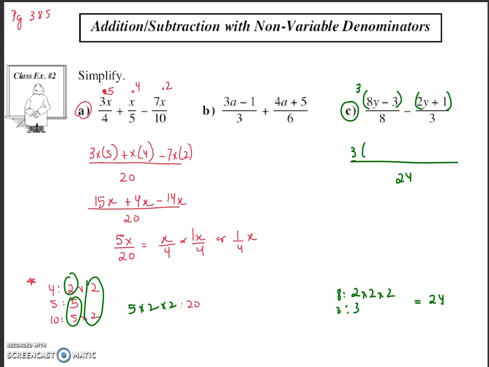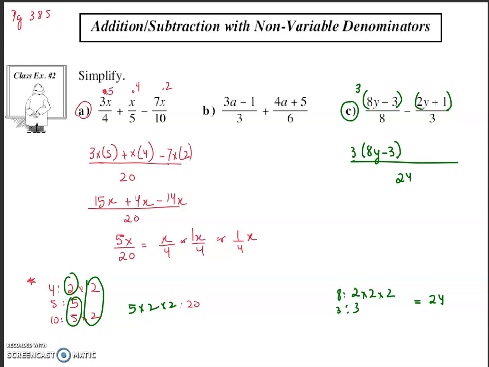So 3 times 8y minus 3. Always put your brackets around anywhere you see anything more than a monomial, because it means that whatever you're going to multiply has to get distributed. So putting those brackets right away kind of ensures that we don't miss that.